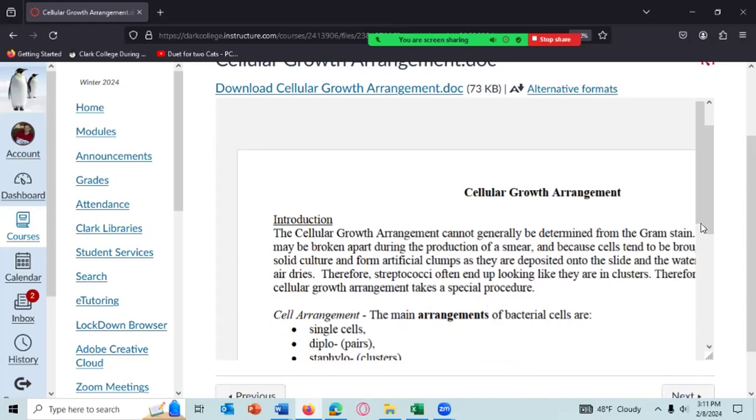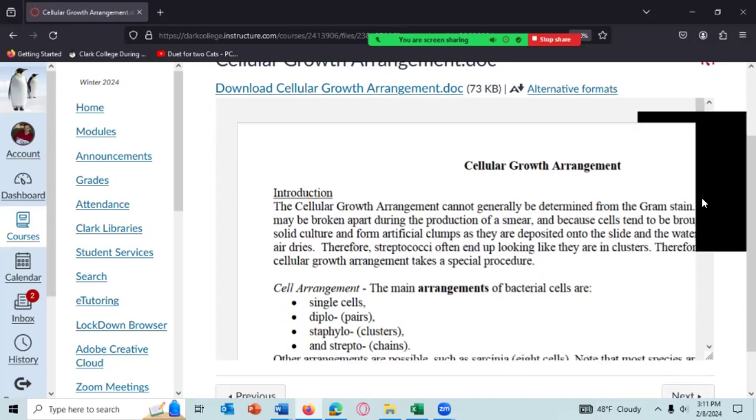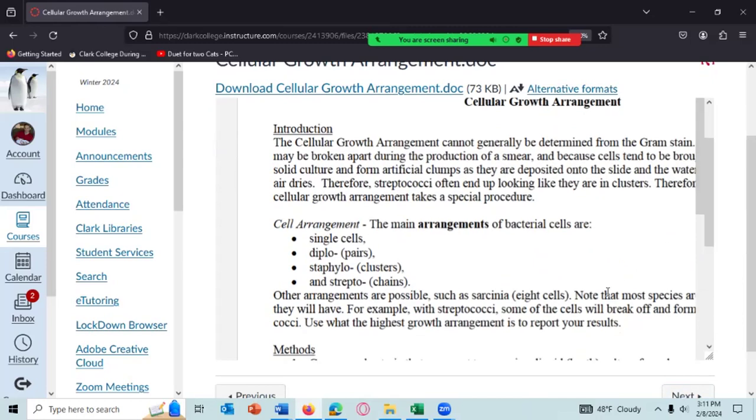To get the cellular growth arrangement, you have to grow the cells up in a liquid culture, a broth. And then you take the liquid and smear it over the slide. Then you let that air dry and heat fix it and then gently stain it with one dye instead of two as in the gram stain, and you're not adding iodine either.